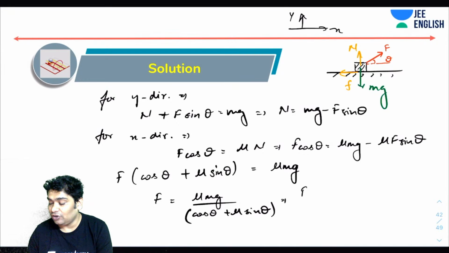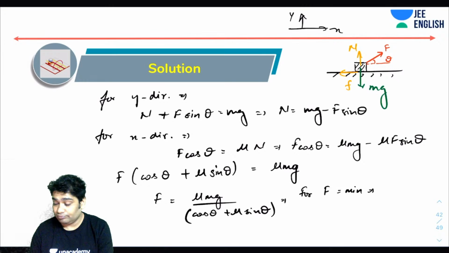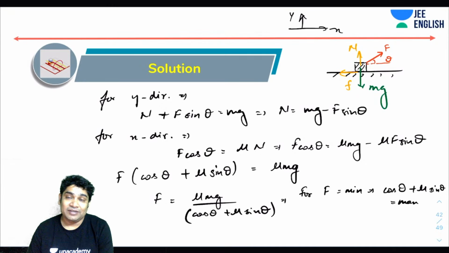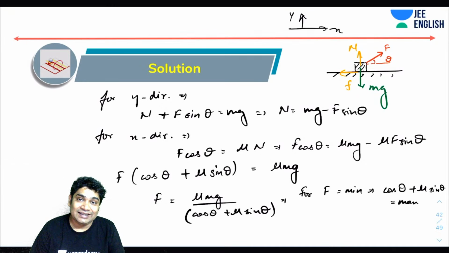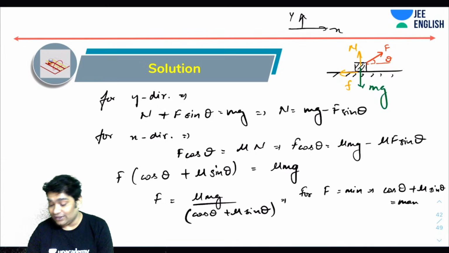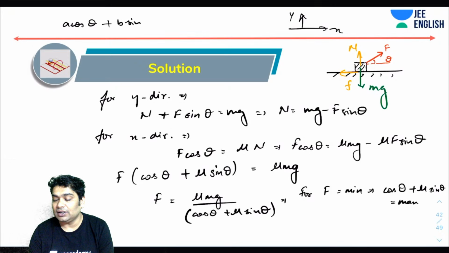So for F to be minimum, I want the denominator to be maximum, correct? Cos theta plus mu sine theta to be maximum. I hope you remember the maximum value of a cos theta plus b sine theta. If you don't, this is what it is, and you should remember this: a cos theta plus b sine theta is always less than or equal to root of a square plus b square.